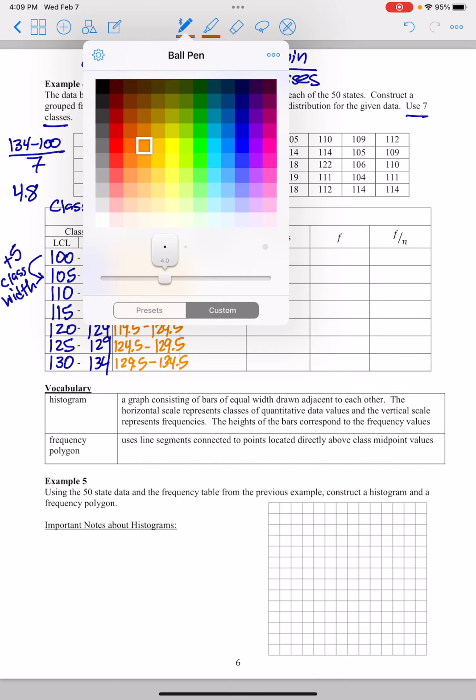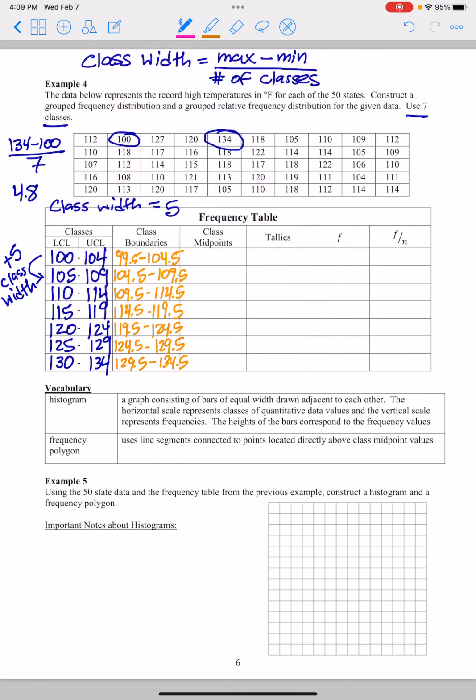Once we have our class boundaries, we can use either the boundaries or the lower class and upper class limits to help us find class midpoints. Midpoints are halfway in between. So if our lower class limit is 100 and our upper class limit is 104, the midpoints are going to be halfway between there. So a way to find it is you can average the upper and lower class limits. So we can take 100 plus 104 and divide that by 2.